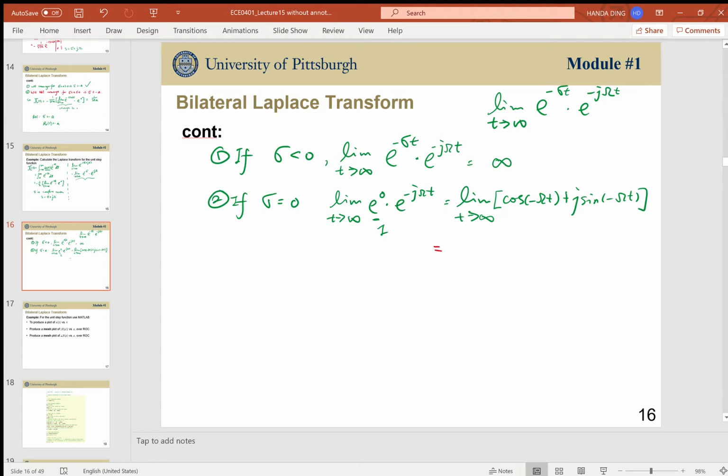The problem becomes cosine omega t minus j sine omega t. How about this guy? This is really oscillating, right? So it does not converge.